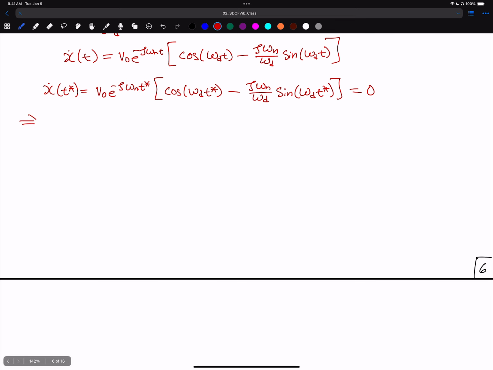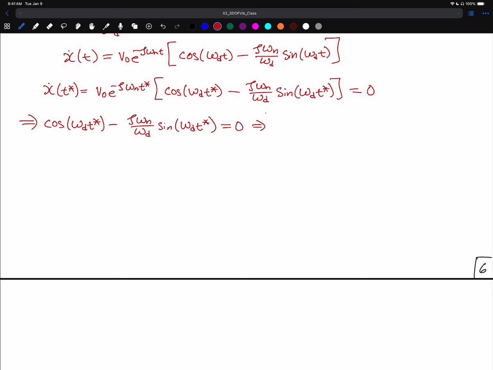And thus, we get here that the cosine of omega d t star minus zeta omega n over omega d times the sine of omega d t star must all be equal to 0. From there, we can bring over the sine term, and we'll get that the cosine of omega d t star must be equal to zeta omega n over omega d times the sine of omega d t star.